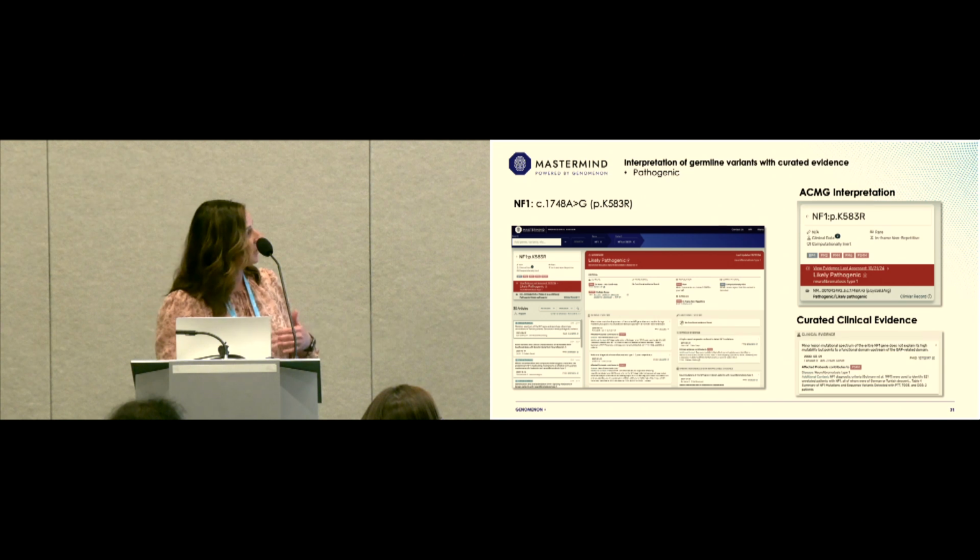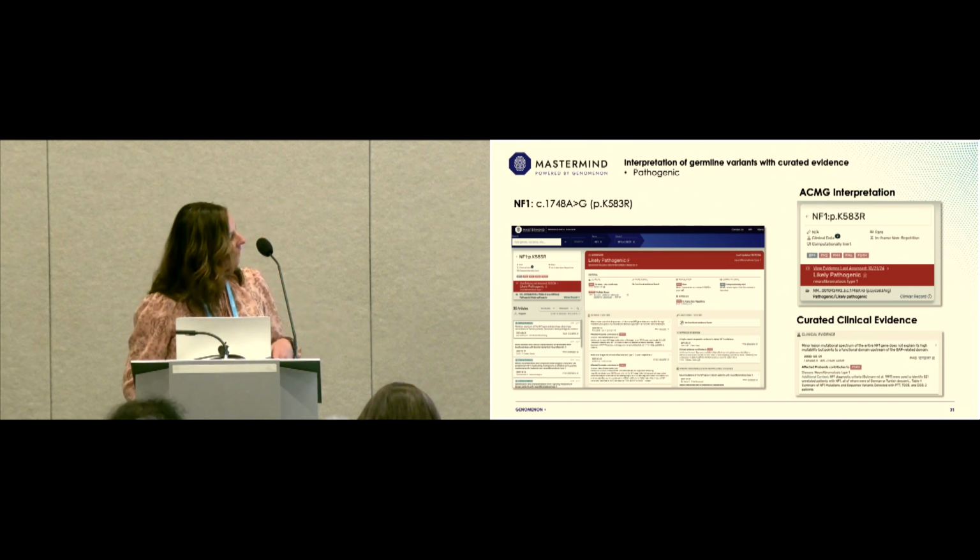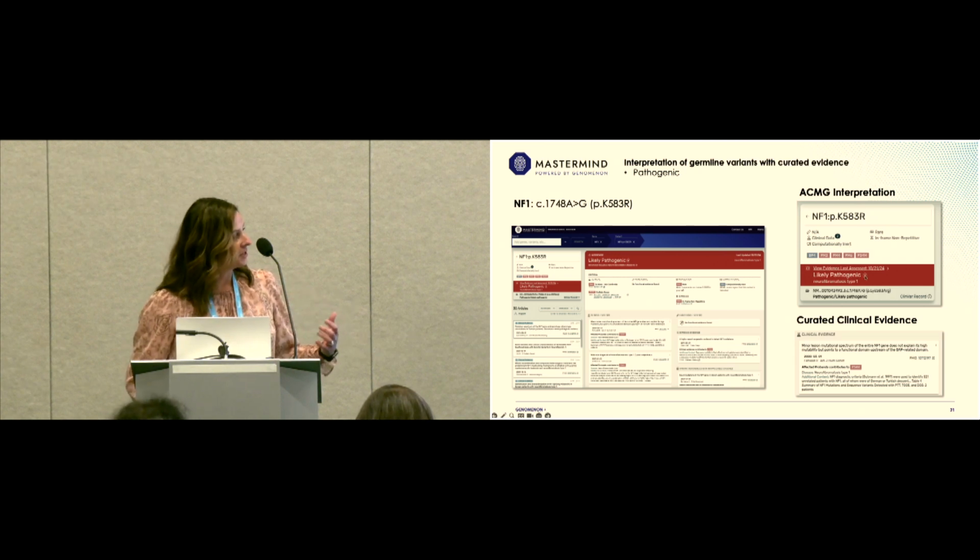Let's check on the second variant. So in this case, we have K583R. Again, similar to before, we have a screenshot of what you would see if you were to search on this variant in Mastermind. And again, bringing your attention to the ACMG interpretation. This variant, based on the criteria, is classified as likely pathogenic.